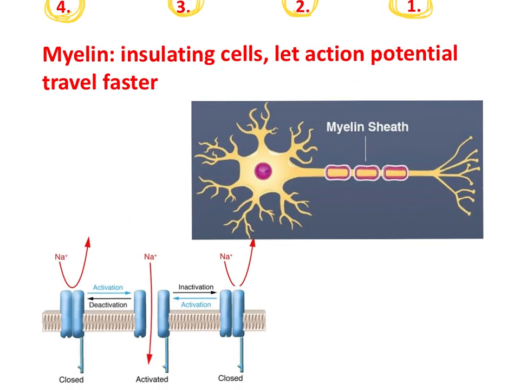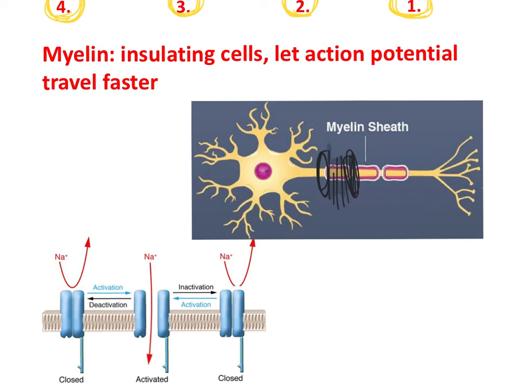Myelin is a substance that wraps around the neuron. It wraps around the axon, and it just allows the signal to go a bit faster. The way that it works is that a sodium channel before the myelin and a sodium channel after the myelin can cause each other to open and close, as opposed to waiting for every single sodium channel in between.